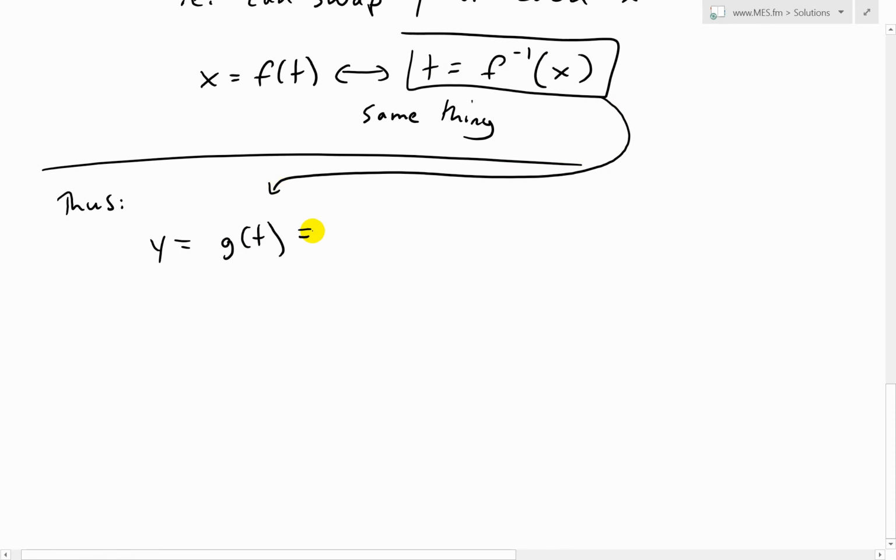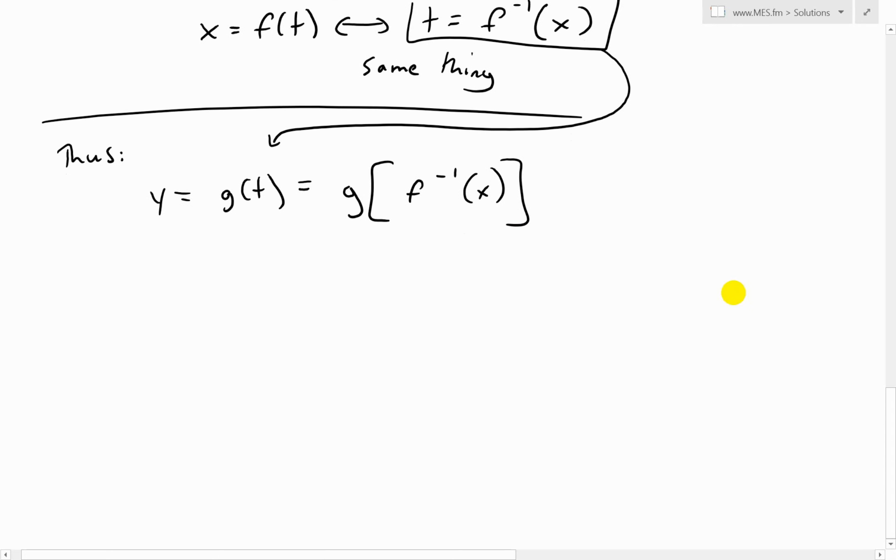When we do that, we end up having g of f inverse of x. Notice there's no t variable, all there is is x, so we plug in the t from the x parametric equation. It's a function of x, it's the inverse. Plug that inside here.